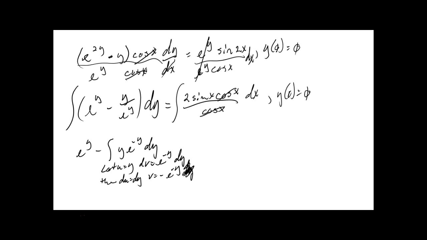Okay? And then integration by parts says you take this part, and there's a minus with this, so this will be e to the y from what you had here, minus a minus, which is plus y e to the minus y.